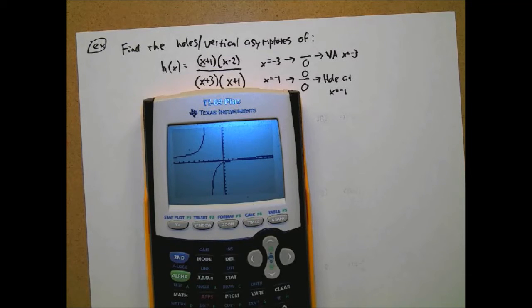Number 3 asks you to do long division to rewrite the function, and then determine the function's end behavior. Then you can use your graphing calculator. Basically, make sure you read the directions there, because there's a couple things it's asking you to do, and I do want you to do all the things that are there. Don't worry about stating the range as an inequality. Just use interval notation. So for number 3, just use interval notation for the range.